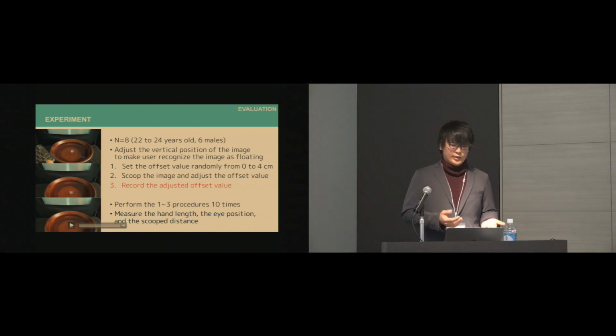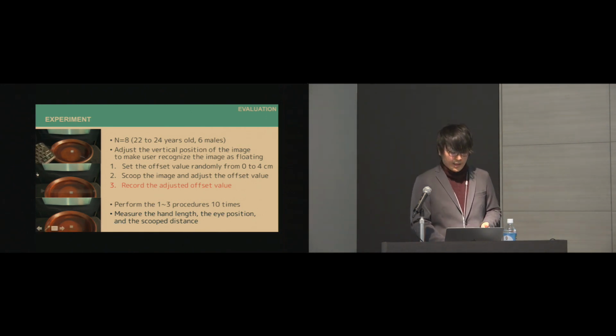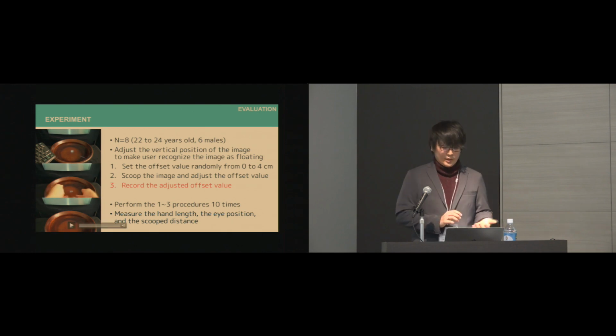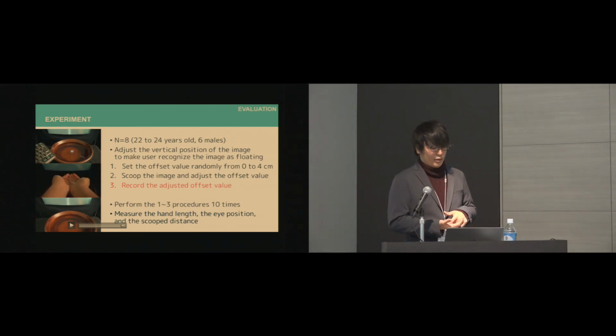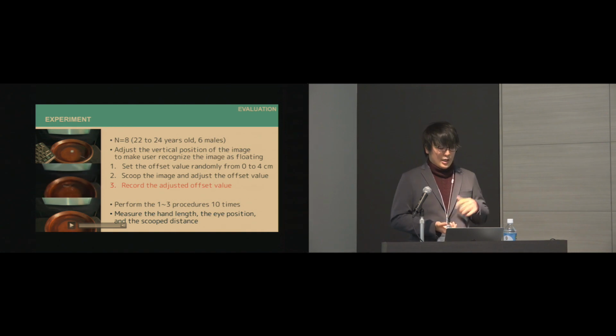Next, we set the offset value randomly. Next, the participants scoop the images as many times as they want and adjust the offset value until convinced. After that, I recorded the adjusted offset value, and I measured the hand length, eye position, and scoop distance.